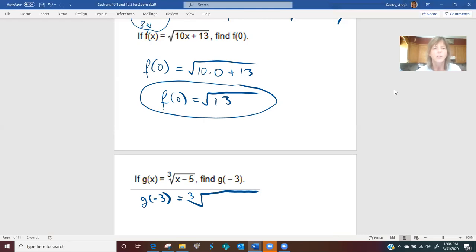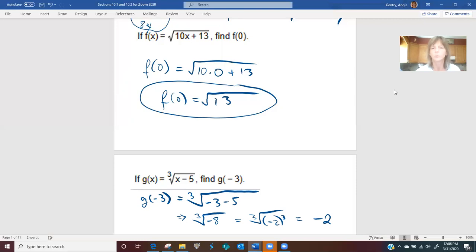Okay, x. So g of -3, what they're telling you is wherever there was an x in the original here, you're going to put a -3, -3 minus 5, which then turns into, and I don't like using equal signs as far as creating some equation that wasn't there, cube root of -8, which is the cube root of -2 cubed, which the -2 comes out.